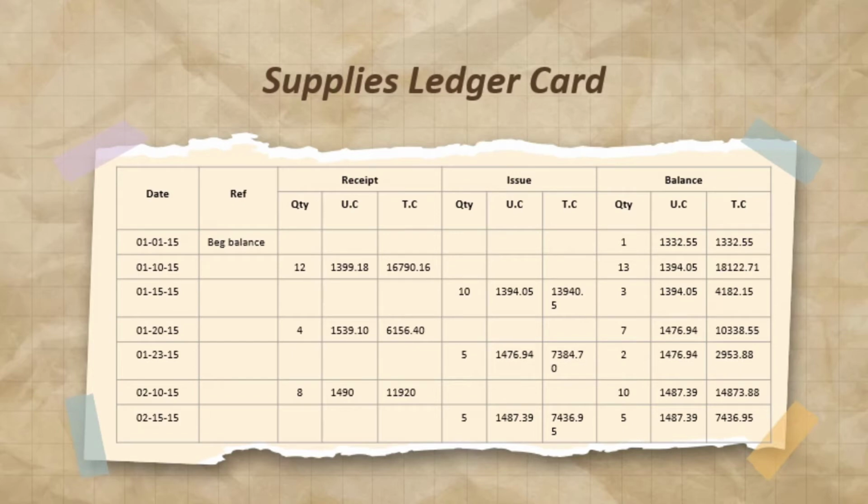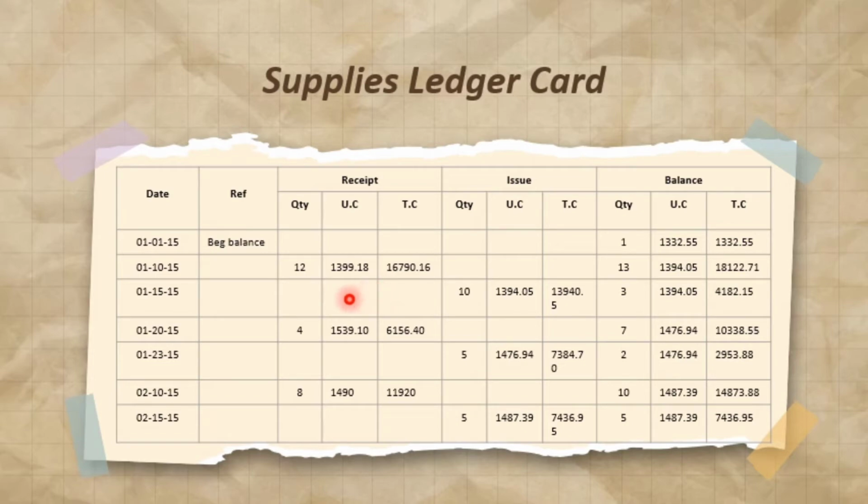As we can see, noong January 1, ang ating beginning balance is 1,332.55. And noong January 10, bumili tayo ng ink cartridge with a quantity of 12 and ang ating total cost na is 16,790.16.